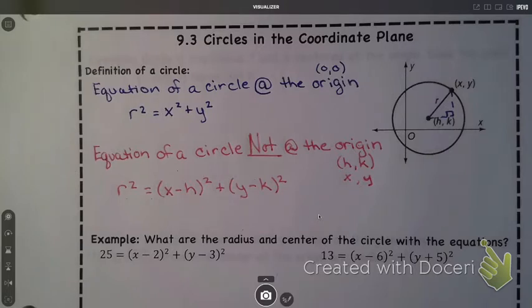Any equation that I ever give you from this day till the end of the time that I have you, whether that be in geometry, algebra 2, pre-calculus, or calculus, will have an h and k. And the h will always move the function left or right. The k will always move the function up or down. Always. I promise you.